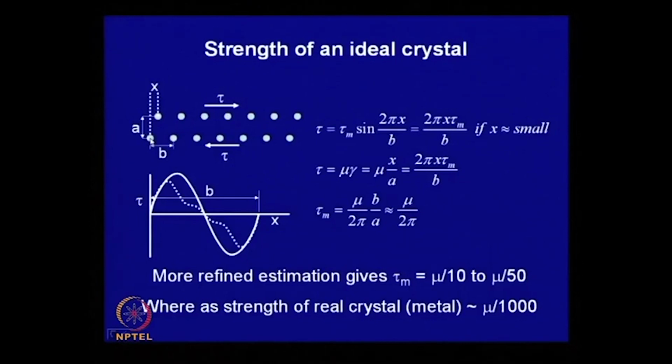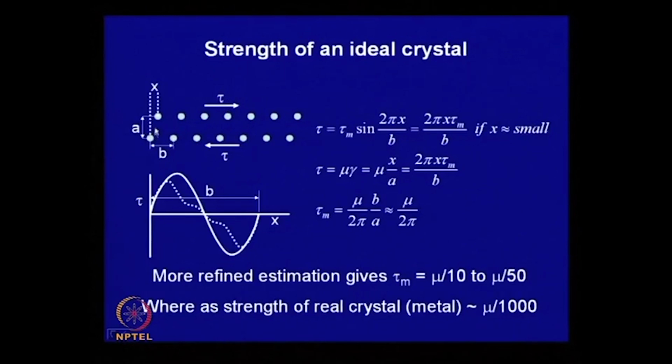Suppose this is one atom here, and it has been shifted slightly, a small amount. Originally it was here, it has been moved here. x is the magnitude of the shear displacement as a result of applying a stress tau.